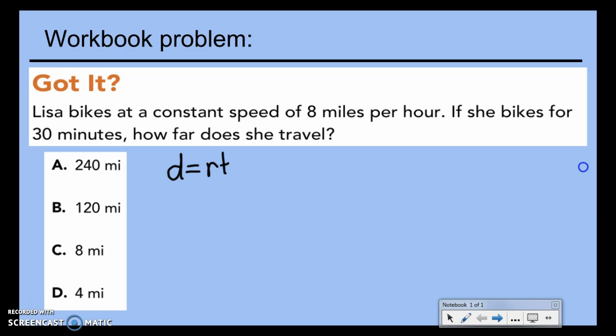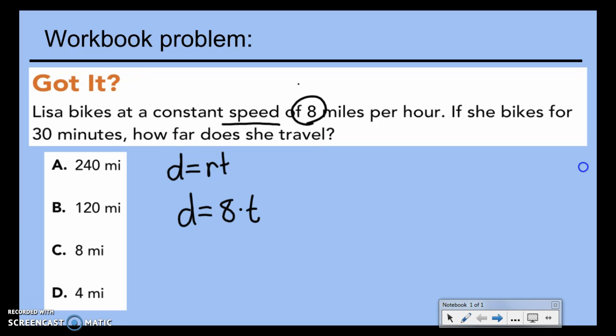So what you have to do is figure out what these numbers that are in the problem are. We have 8 and we have 30. What do these numbers represent? Well, let's read it and make sure we understand. Lisa bikes at a constant speed of 8 miles per hour. So her rate, her R, is going to change to 8. So now we have D equals 8 times time.